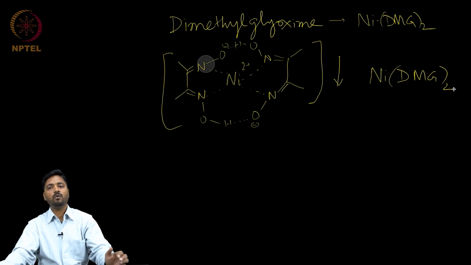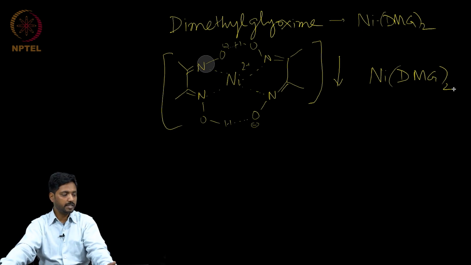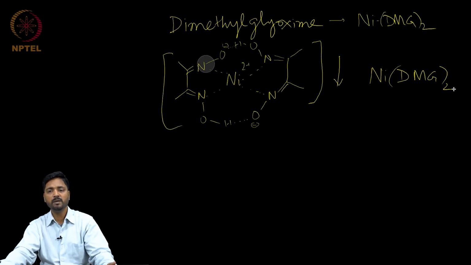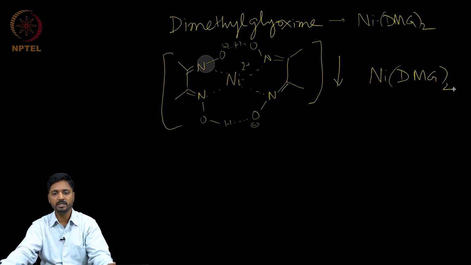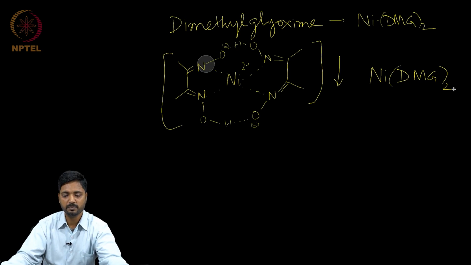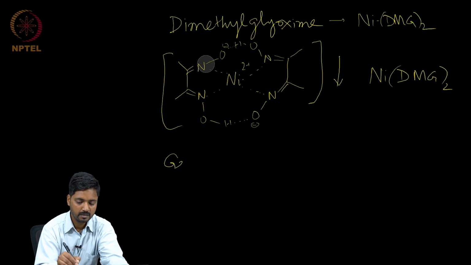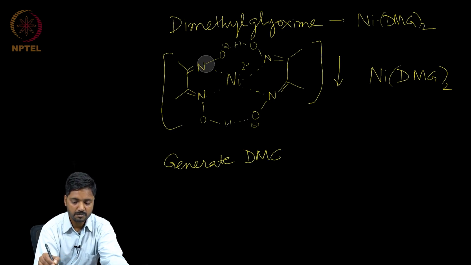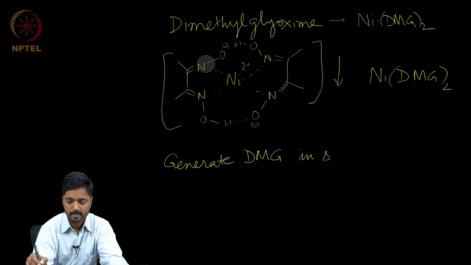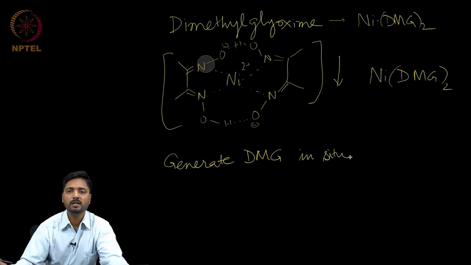Now, one straightforward way to get a more monodisperse and easily separable precipitate of nickel DMG is to generate DMG in situ. In situ is nothing but in the reaction mixture.